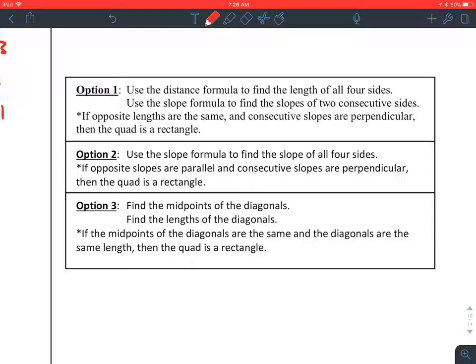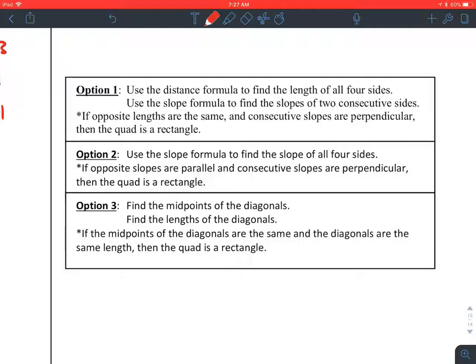Then you could use the slopes of two consecutive sides, and if those consecutive sides are perpendicular to each other, then it's a rectangle. Option 2, use the slope formula 4 times, 1 for each side. If opposite slopes are the same, they're parallel, and if adjacent slopes are perpendicular, which would mean negative reciprocals, then it's going to be 90 degrees, so it would make it a rectangle.